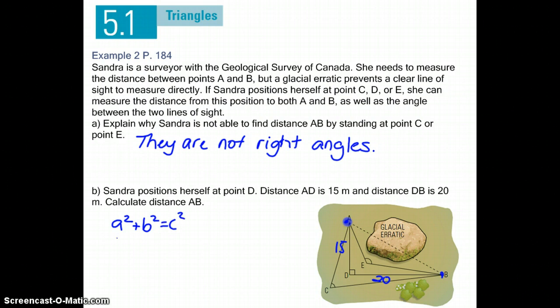So let's call A 15, B is 20, and C is our AD. This is our hypotenuse because it's across from the right angle. So when you figure that out, what do you get side length C or side length AB to equal? 25, good. So 25 meters.